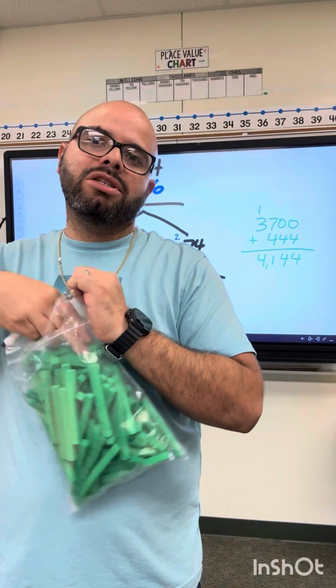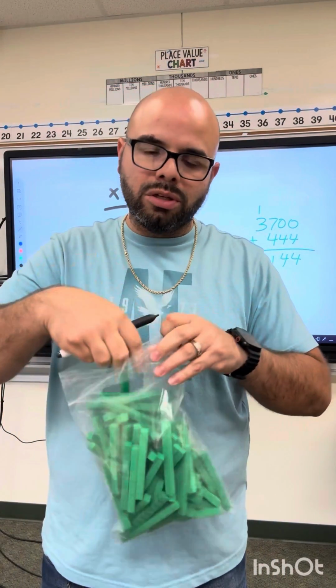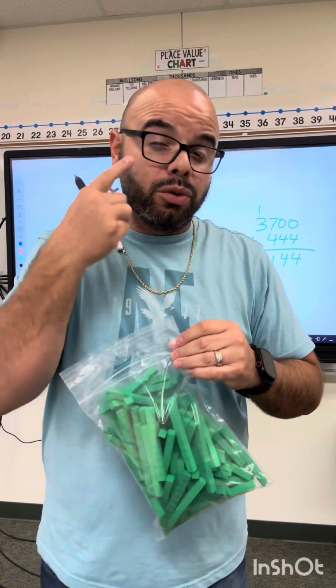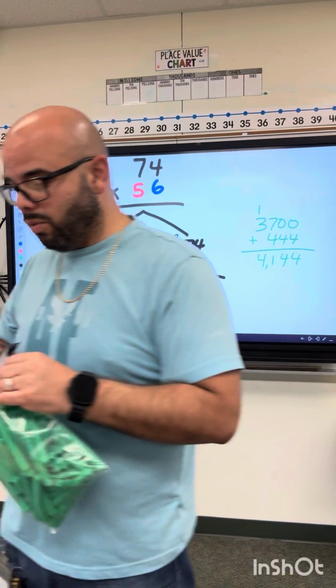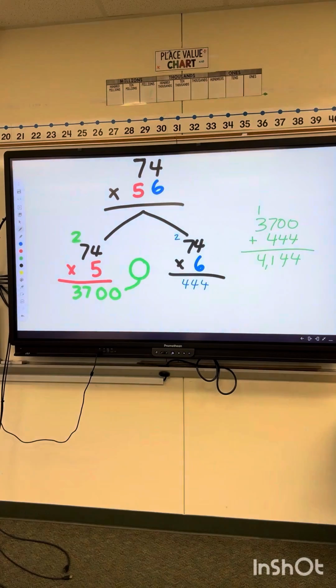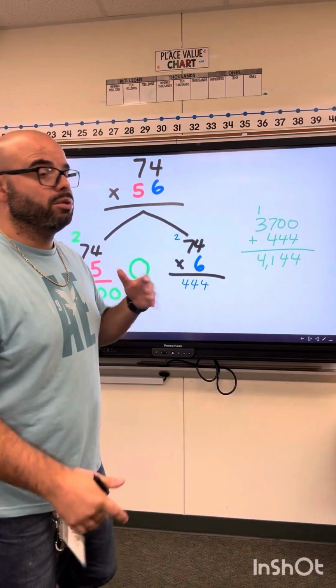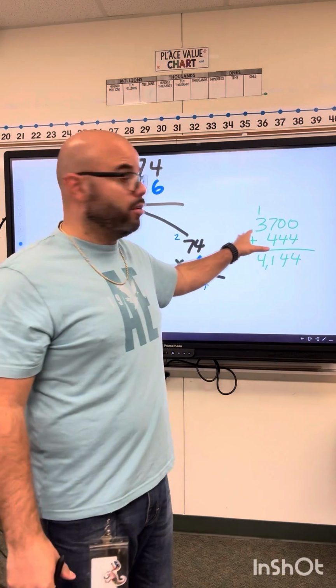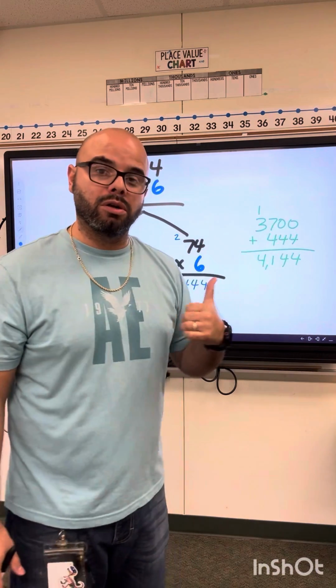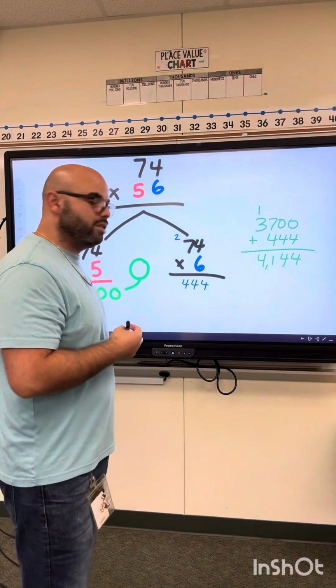So those are strategies they use just so they could visually see what they mean when it comes to their place values, the 10s, the 100s, the 1s. But when it comes to actual strategies to solve the multiplication equations, these are the good ones. These are the ones that I've been teaching.